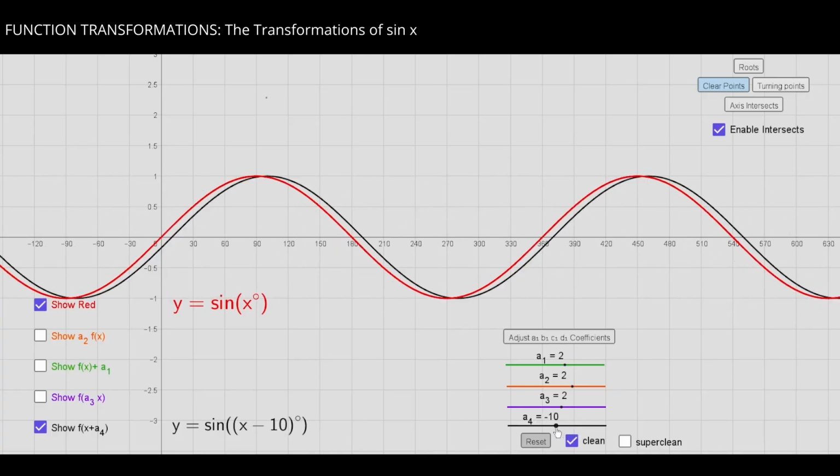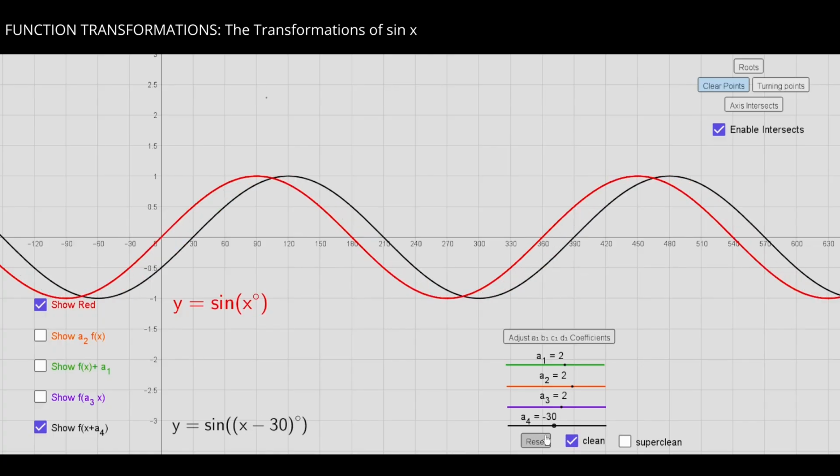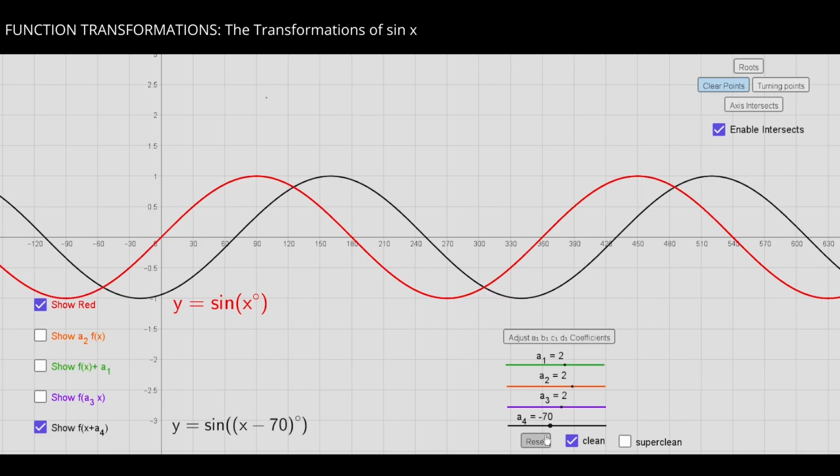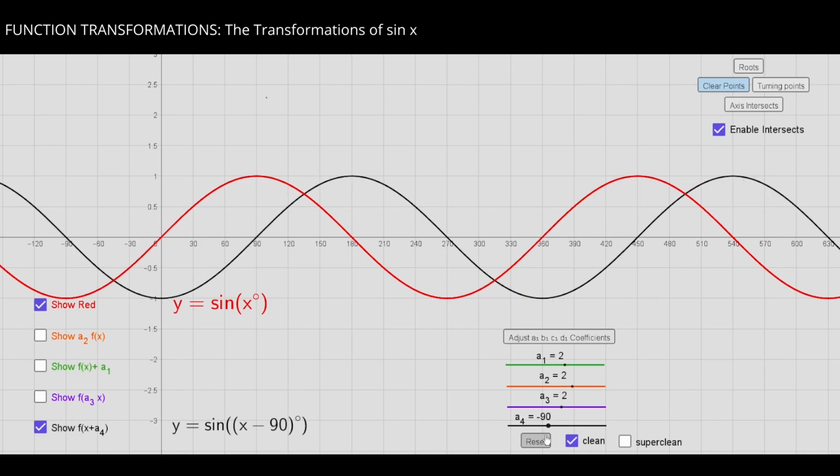Okay, if I return to 0, if I now subtract an amount from x, the curve will move to the right. And there we are at x minus 90, and the curve has moved to the right by 90 degrees. Here is the original peak at 90, and the new peak is now at 180.